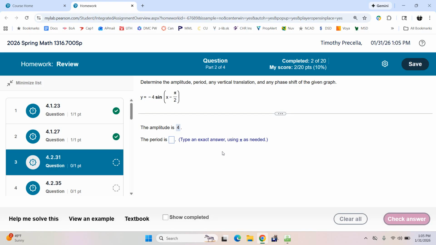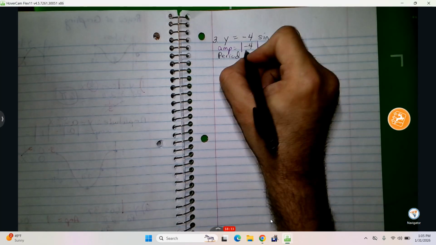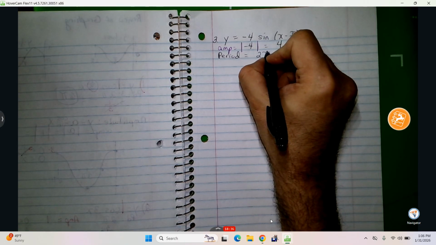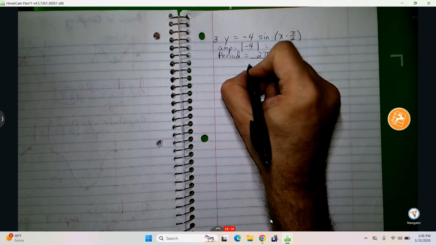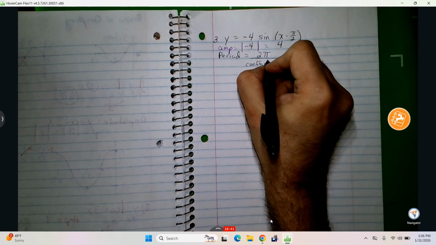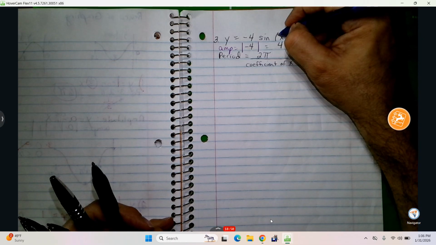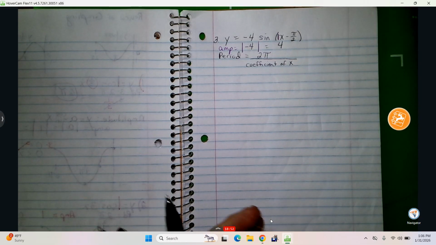Now the period is 2 pi divided by the coefficient of x. Let me write that down. Period is equal to 2 pi divided by the coefficient of x. The coefficient of x is the number that the x is being multiplied by, and that number is just a 1.